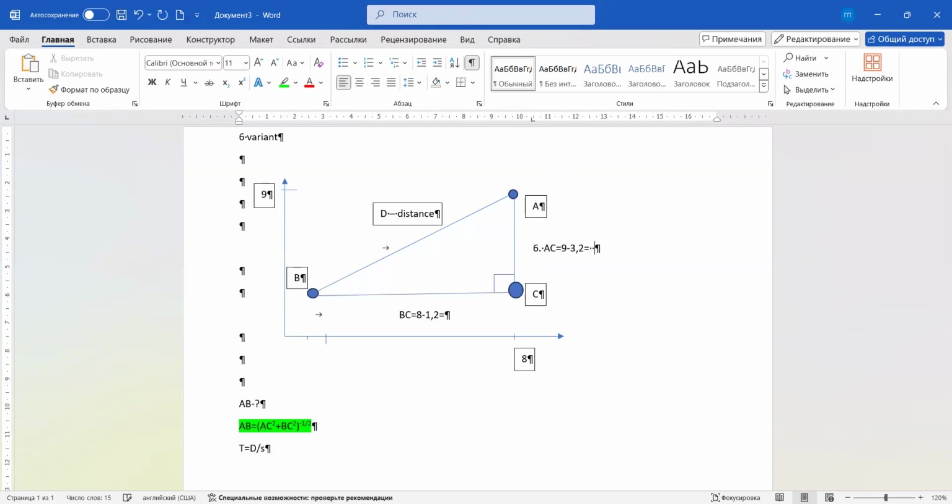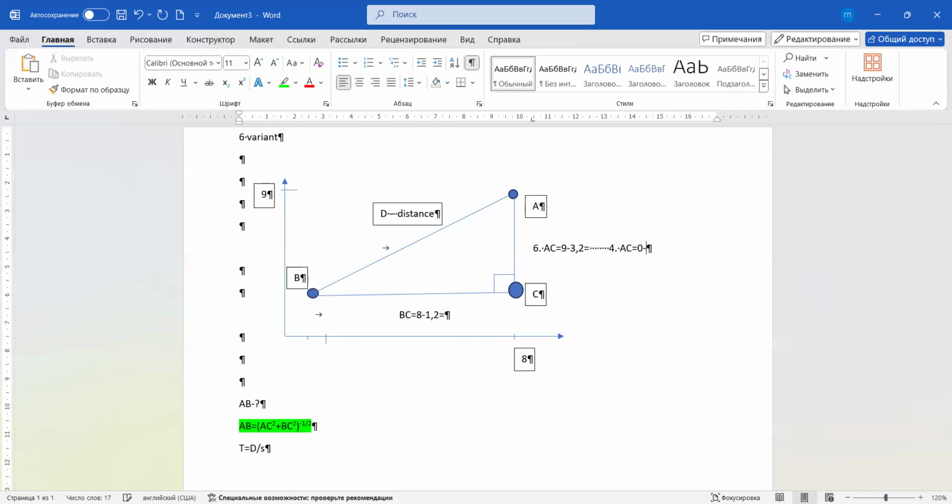Okay. And we write. And for variants, it will be AC is equal to, for point A, we use coordinate only y. Only y positions. For point A, y is 0.